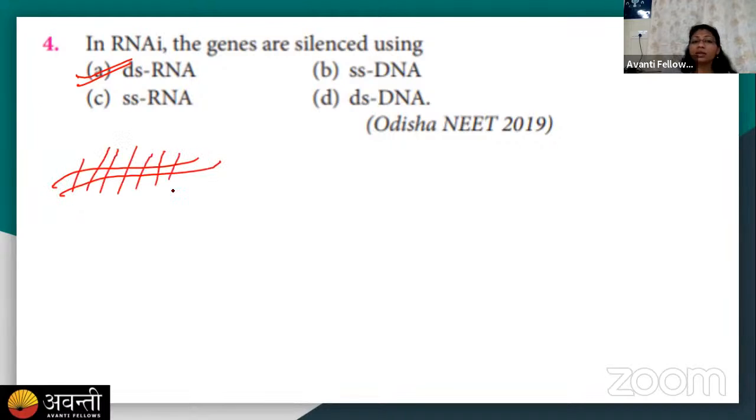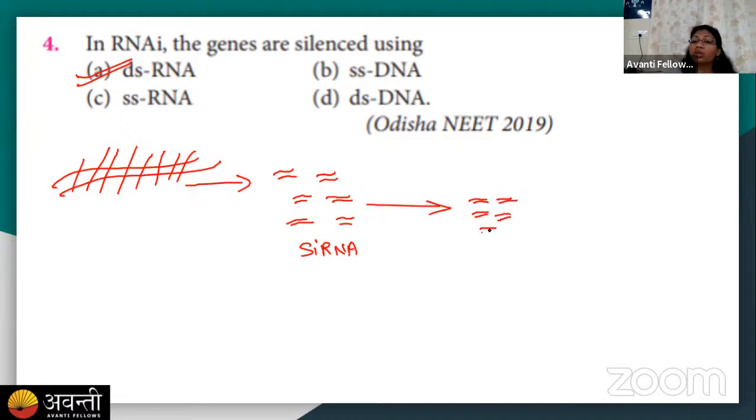When it gets sliced up inside the cell, it forms very small fragments of RNA. These small fragments of RNA are known as siRNA. Now this siRNA is capable of joining with our enzyme, or we can say the protein.